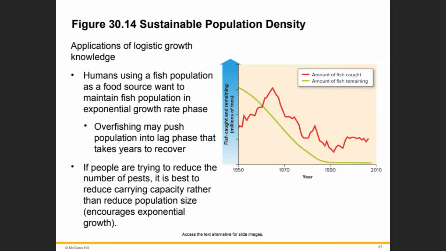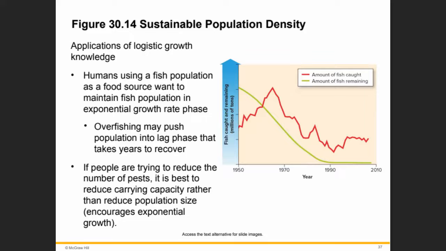Factors that regulate the population's growth are living, biotic, and abiotic, non-living components. Those are the two major factors that regulate the population size.